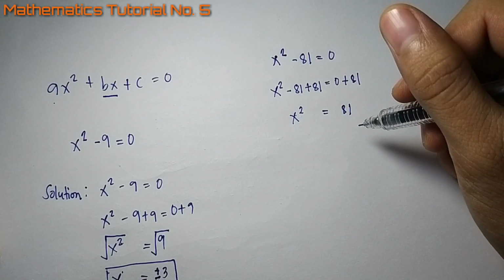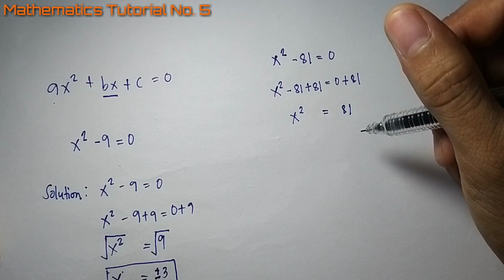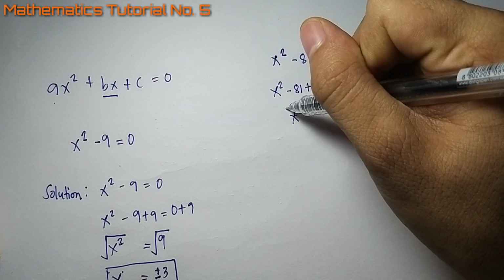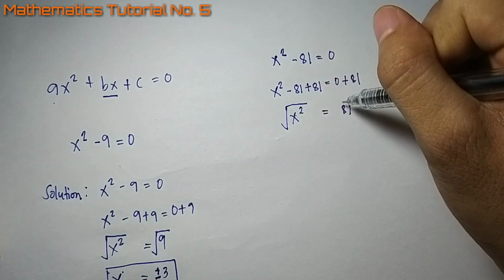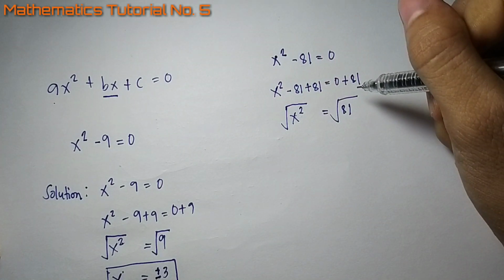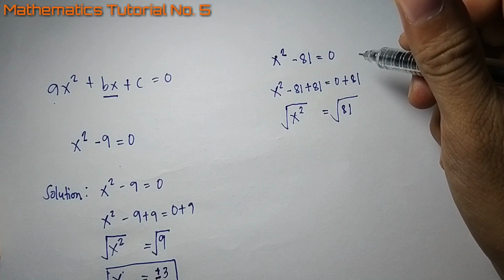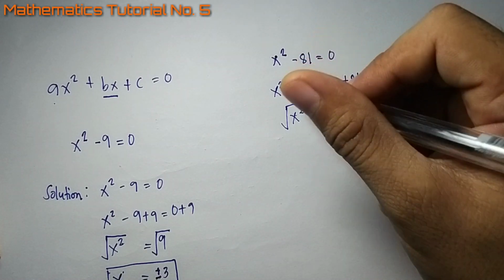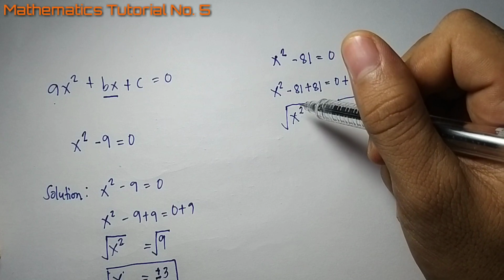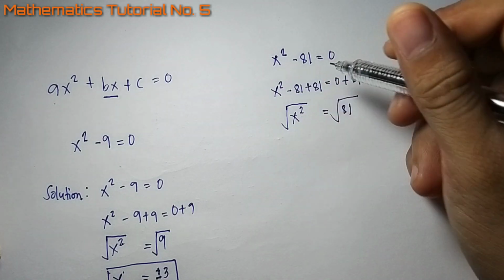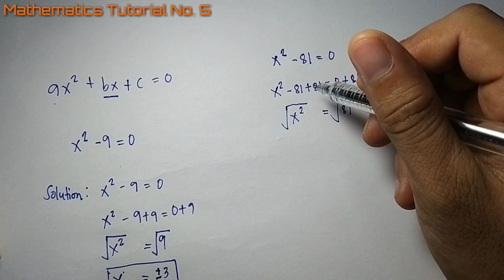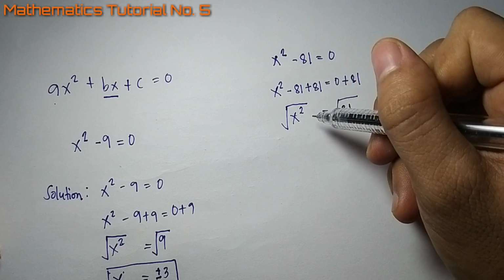Unsa toy atong sunod nga gibuhat? Ato dayon gikuha ang square root both sides. So i-square root nato both sides. So again, the square root of x squared, di ba pareha man gyud. So mangita ta og atong i-multiply nga mo-answer og x squared.